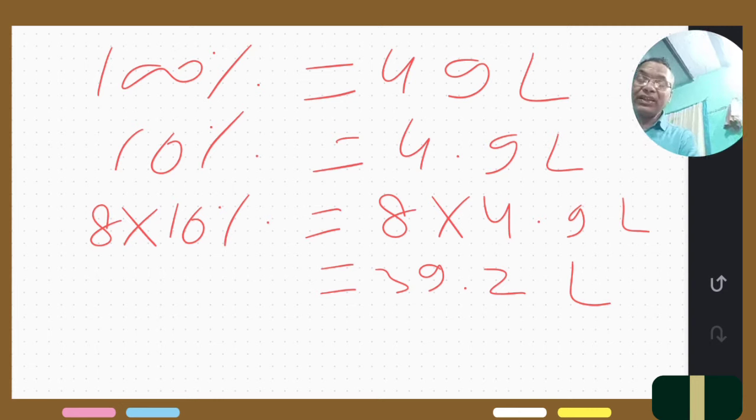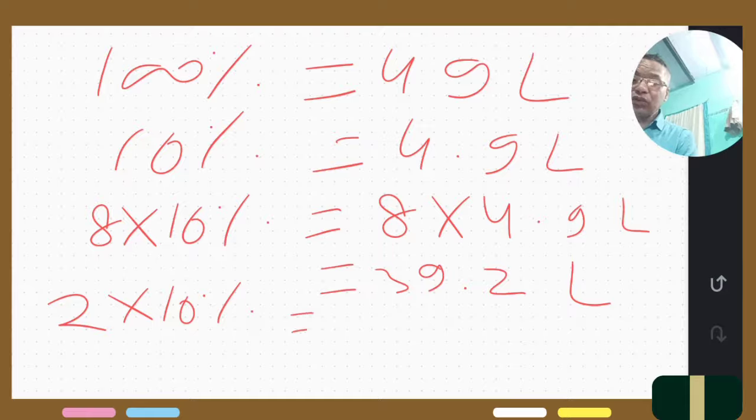Now the remaining is some other solution. So that solution will be 100 minus 80%, means 20%. So 20% means 2 into 10%, and that will become equal to 2 into 4.9 liters.